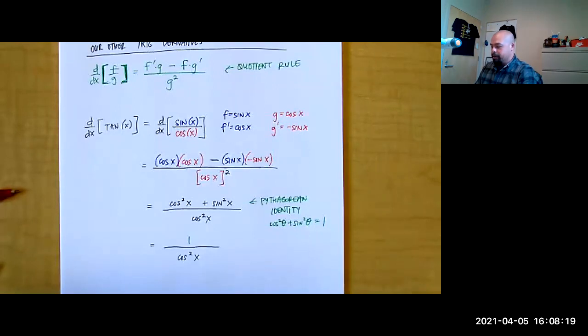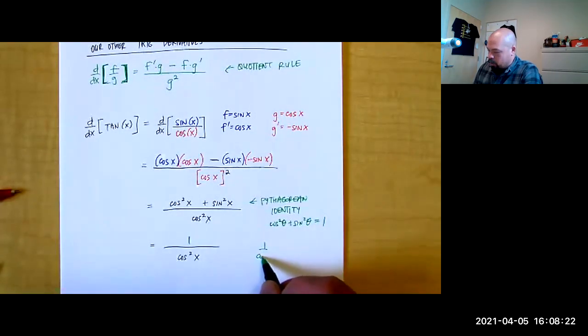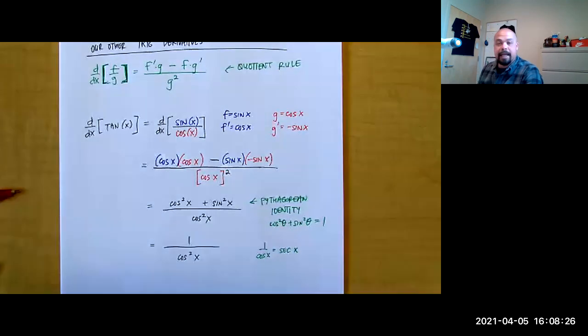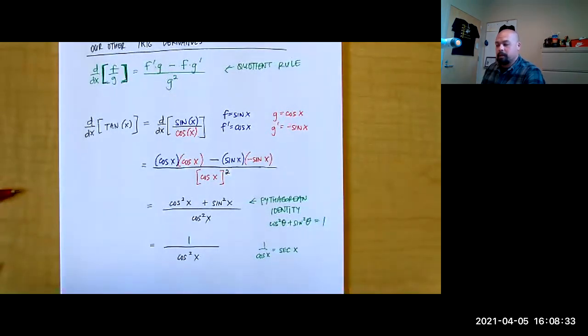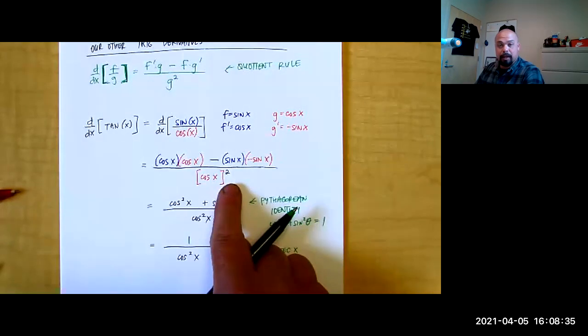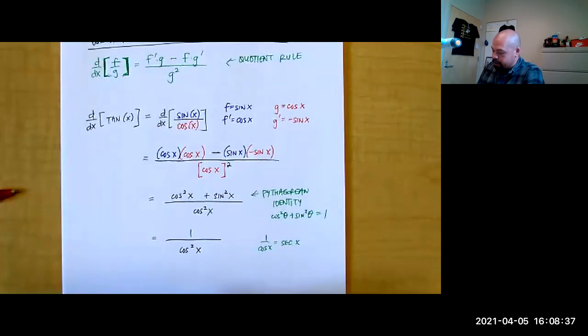And here a little side note, 1 over cosine x is equal to the secant x, right? 1 over cosine theta equals secant of theta. And that squaring, just like we saw here, we can transfer in.